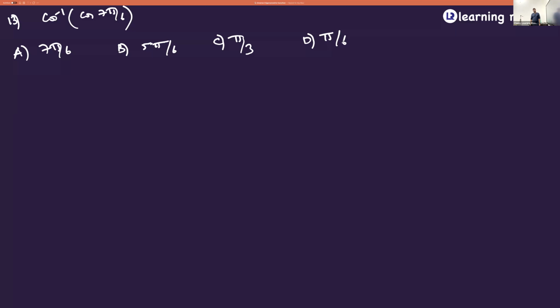So if you observe, which one is right? If you write this as 7 pi by 6, you are wrong. Why?